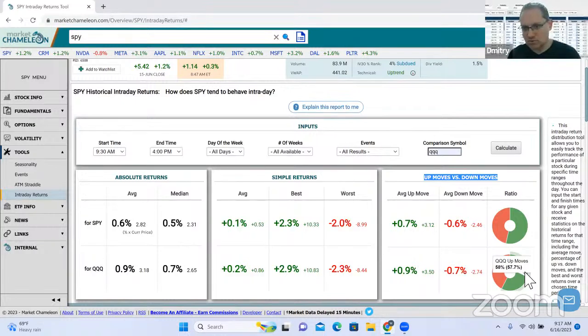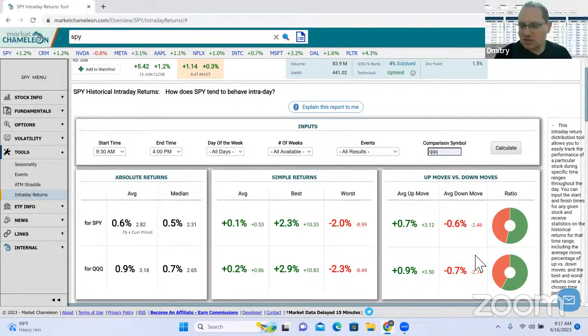All right, so it's doing better within that time frame, and on average, we could see that the magnitude of the up moves exceeded the magnitude of the down moves. So it's 0.7% versus 0.9% on the upside, 0.6% versus 0.7 on the downside.